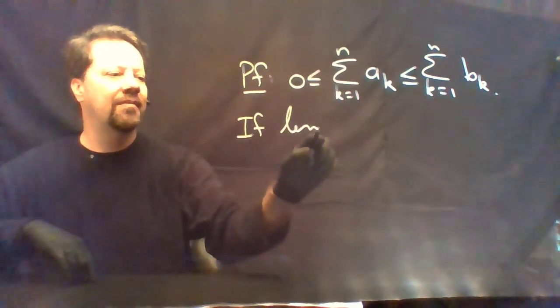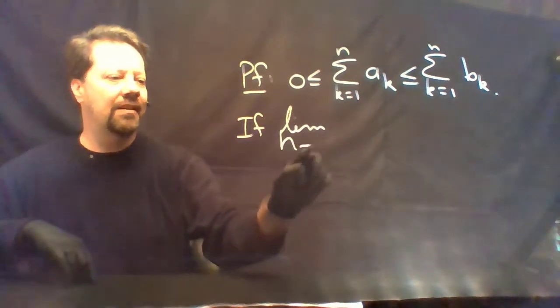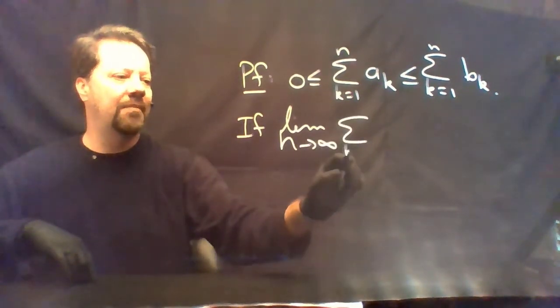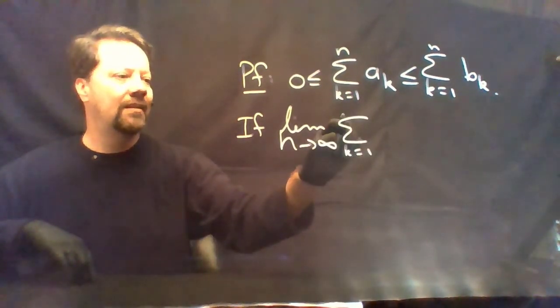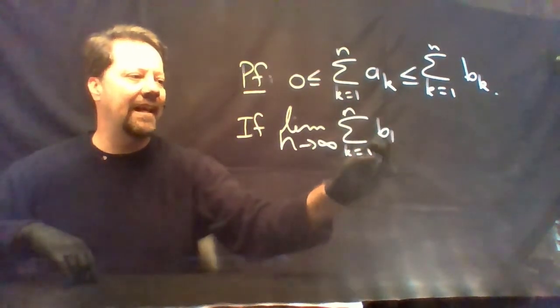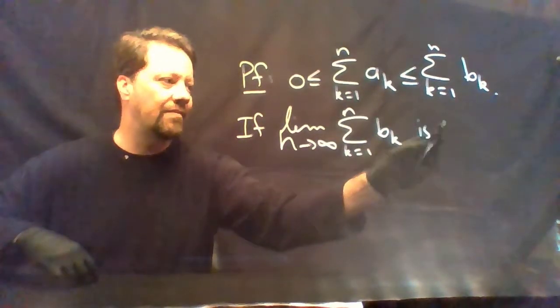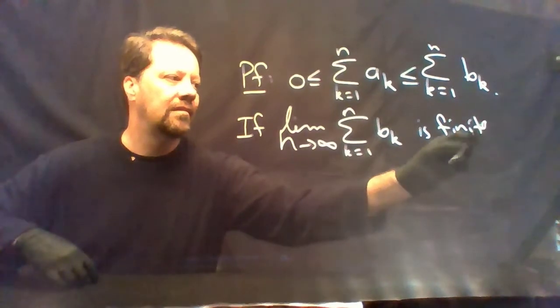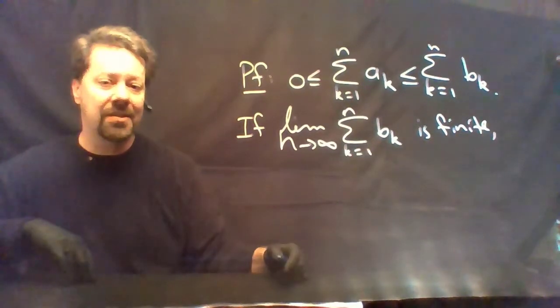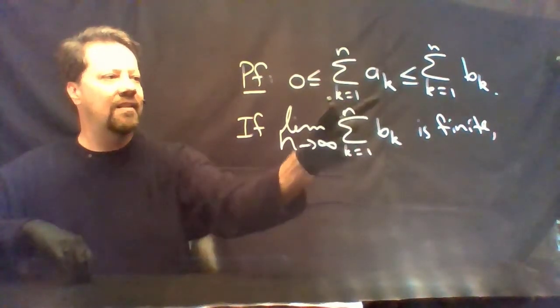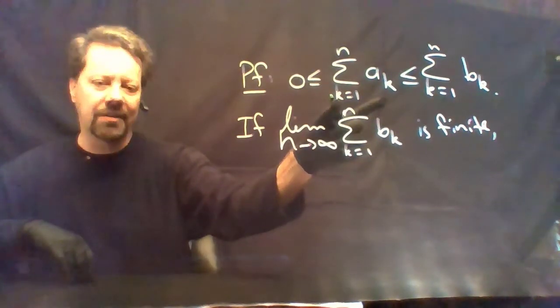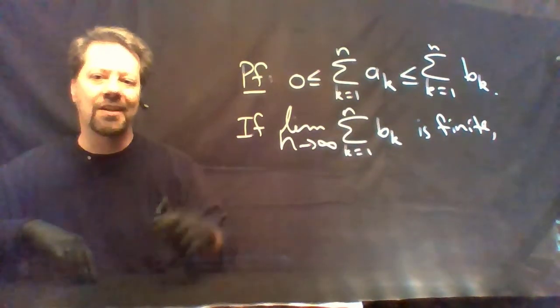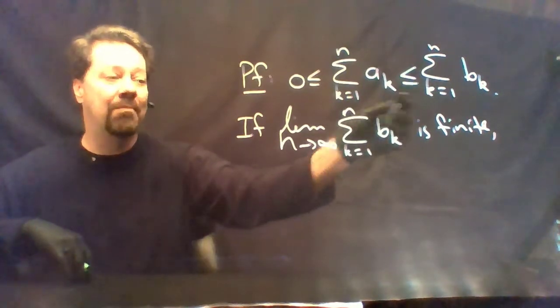If the limit as n goes to infinity of the sum as k goes from 1 to n of b_k is finite, in other words, if the larger series converges, then the partial sums on the smaller series form a monotone increasing sequence that is bounded.